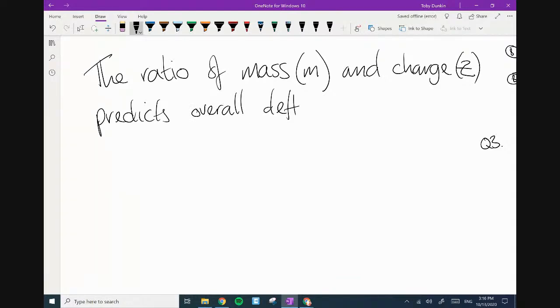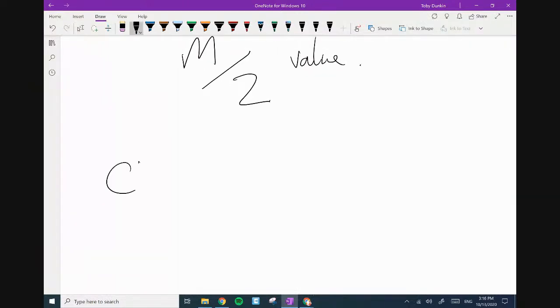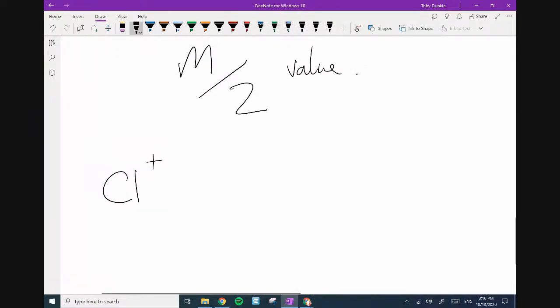Overall deflection. M over Z equals value. So for example, Cl plus 1, its mass is 35 plus 1.